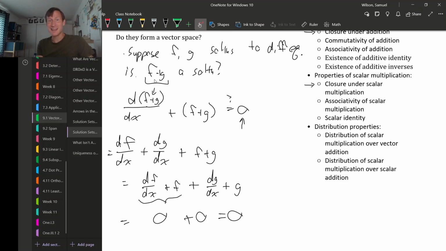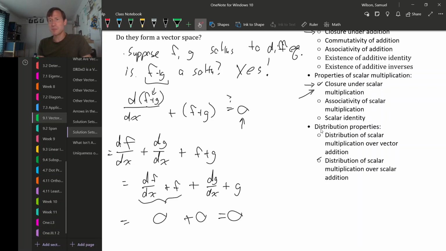So the answer to our question, is f plus g a solution to the differential equation, is yes, it is. A very similar argument will show you that solutions to this differential equation are also closed under scalar multiplication. Essentially, you move the constant multiple outside the derivative and then do some factoring. I'll let you fill in the details, but this collection of solutions is also closed under scalar multiplication.